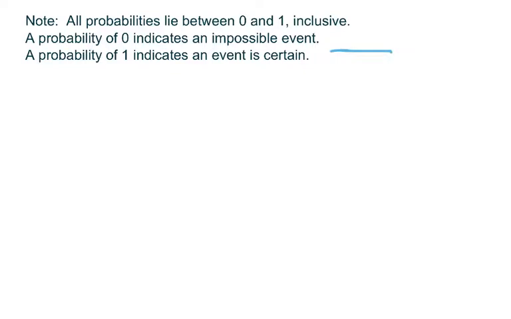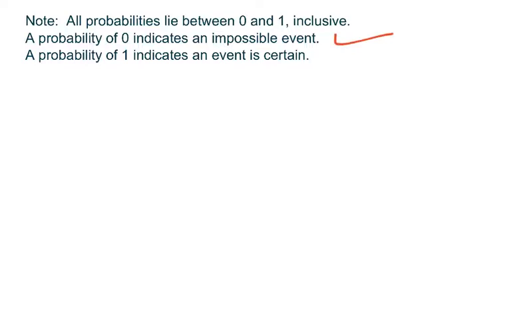And that leads us to this sort of concluding observation here. Notice that all the fractions we've seen so far lie between 0 and 1 inclusive. That means it could be 0 or it could be 1. A probability of 0, like we just saw, indicates an impossible event, like rolling a sum of 13.